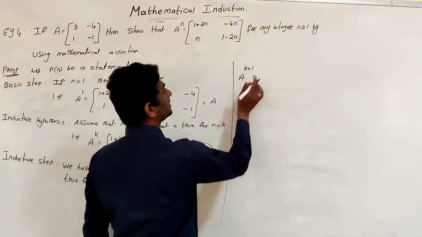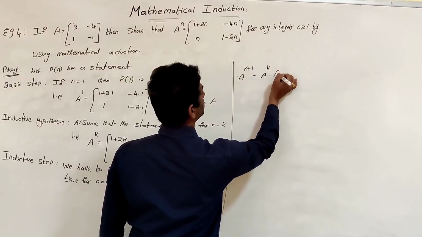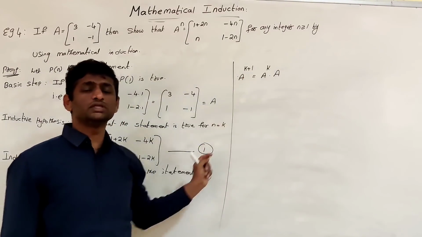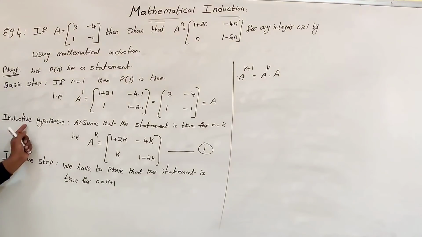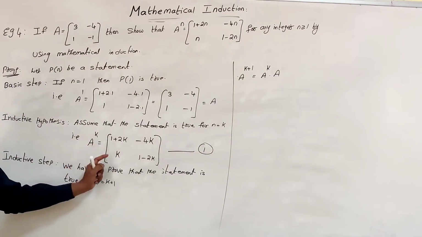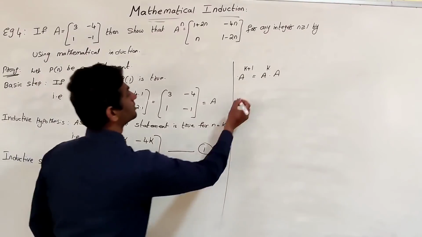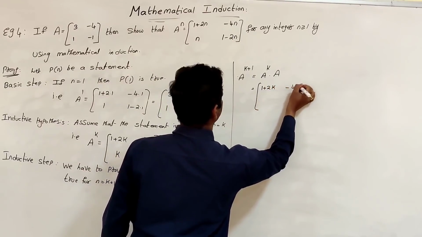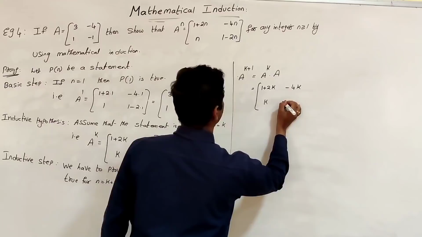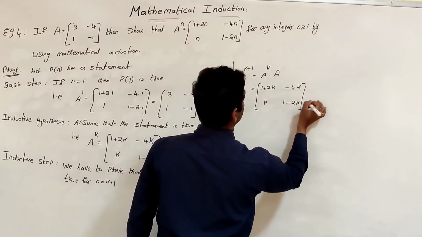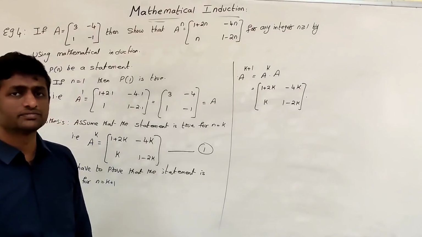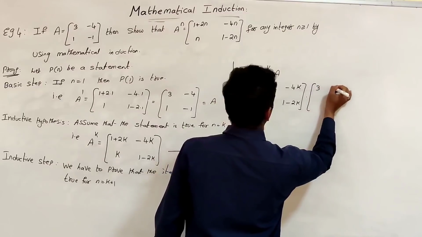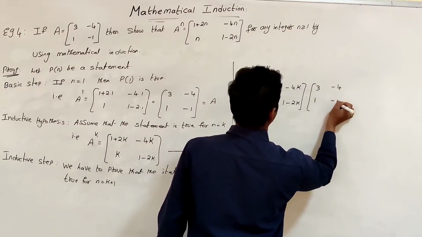So A to the power of k plus 1 can be written as A to the power of k into A. But what is A to the power of k by using the inductive hypothesis? It is a square matrix of 2 by 2, that is 1 plus 2k, minus 4k, k, 1 minus 2k, into A. A means A to the power of 1, and that is given as 3, minus 4, 1, minus 1.